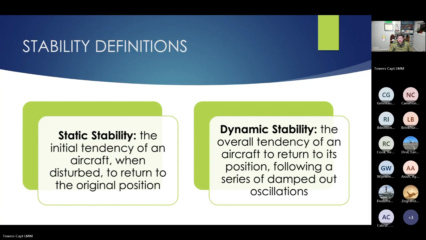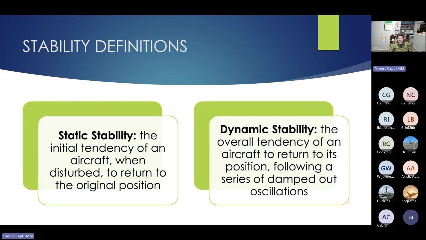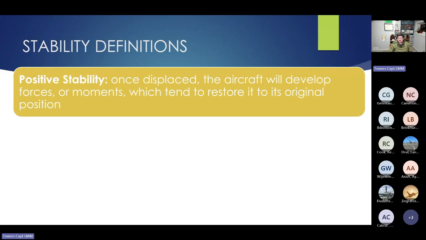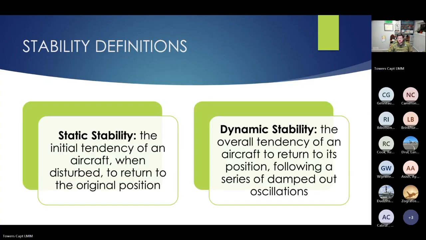I can see where you would see some similarity between the two. But I would say the difference is probably closer to this: positive stability is just like the very first movement that it could make, whereas static is a categorization of saying that it's going to overall try to get back to its original position.